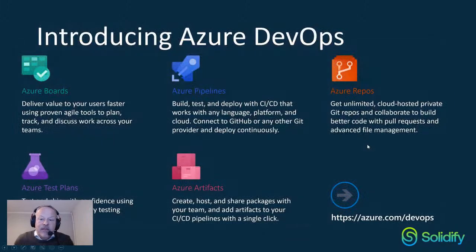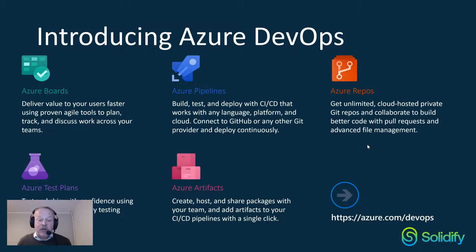So what is Azure DevOps and what do we have here? I'm going to go through all these different parts and talk about them in detail, but we have Azure Boards for the planning. We have Azure Pipelines to run CI/CD, continuous integration and continuous delivery. We have Azure Repos to store our code. We have Azure Test Plans to run manual testing.